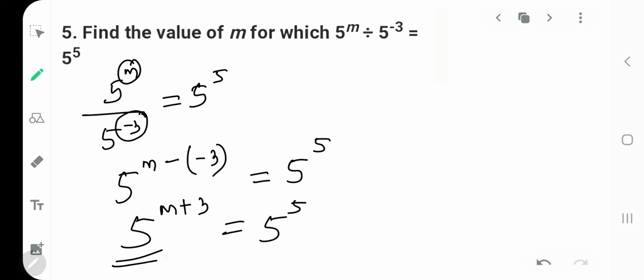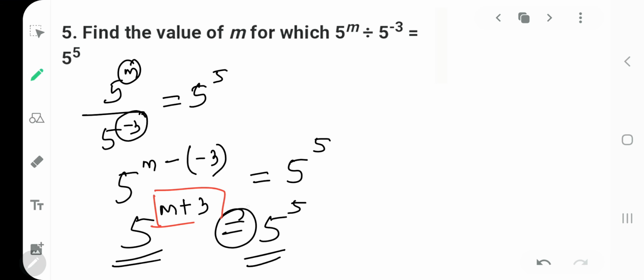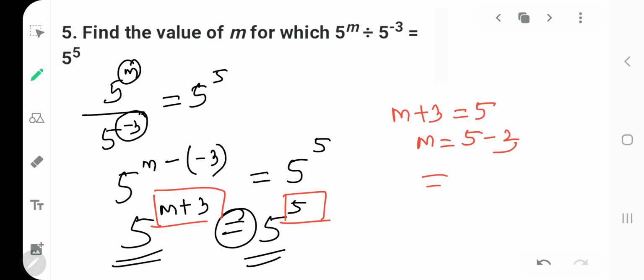My dear kids, whenever you have the same base on both sides of the equal sign, that means your exponents are also equal. So you can directly write m plus 3 is equal to 5. That will be, value of m will be 2. Am I correct with this? Shall we jump on to next?